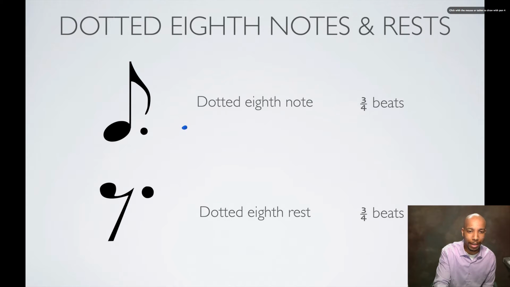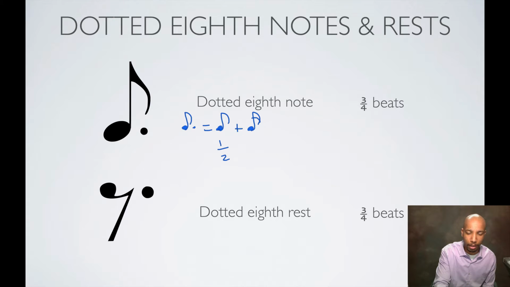So an eighth note, remember, is half a beat. So how do we get 3/4 of a beat for a dotted eighth note? Well, if this is half a beat, what's half of an eighth note? Well, that would be a quarter of a beat, and the only note that's a quarter of a beat is a 16th note.